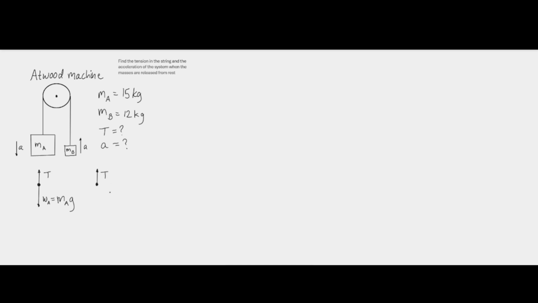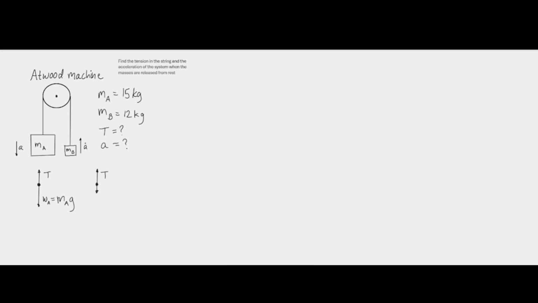And now I know that the weight force of object B is going to be less than object A. It has less mass, so it's 12 kilograms compared to object A, which is 15 kilograms. So my weight force vector is going to be less than the weight force of object A, and it's going to be shorter than the tension vector.